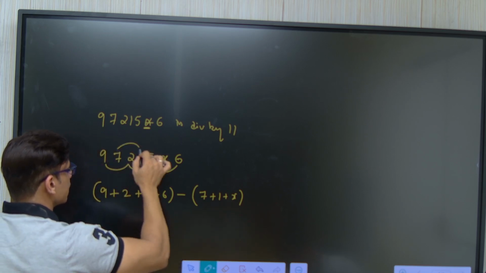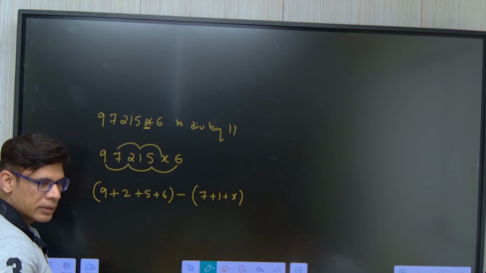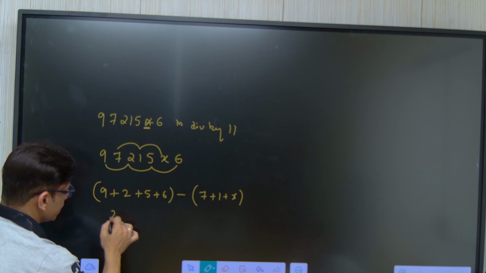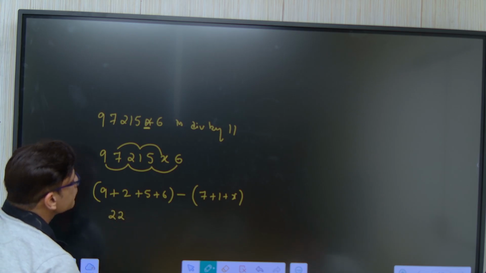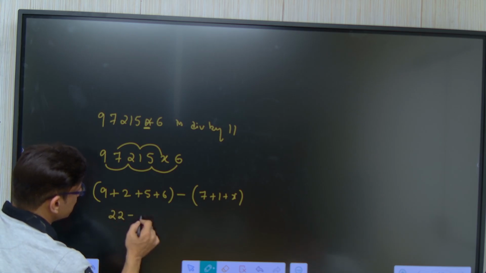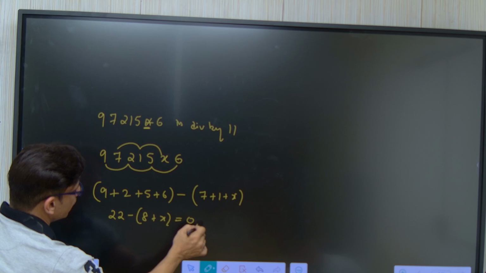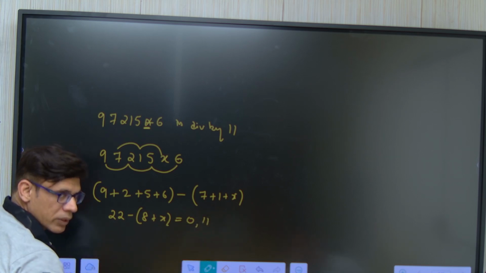Yes? Should be divisible by? Should be 0 or divisible by 11. This is how much? 22 minus 8 plus x should be either 0 or 11 or 22 and so on, right?